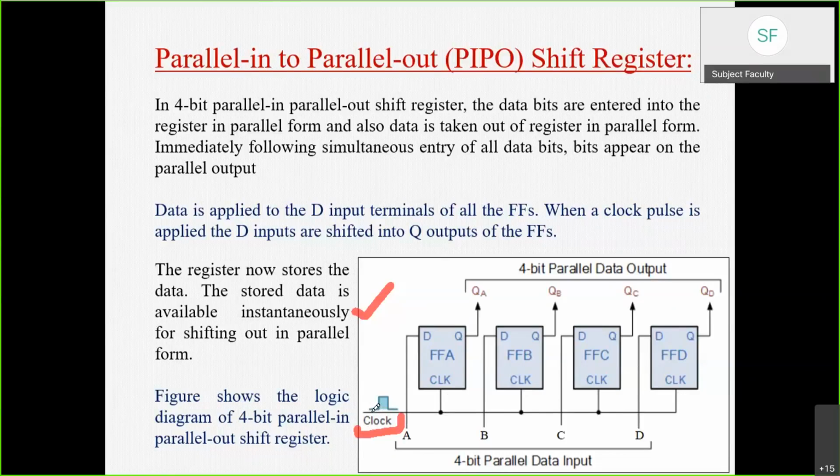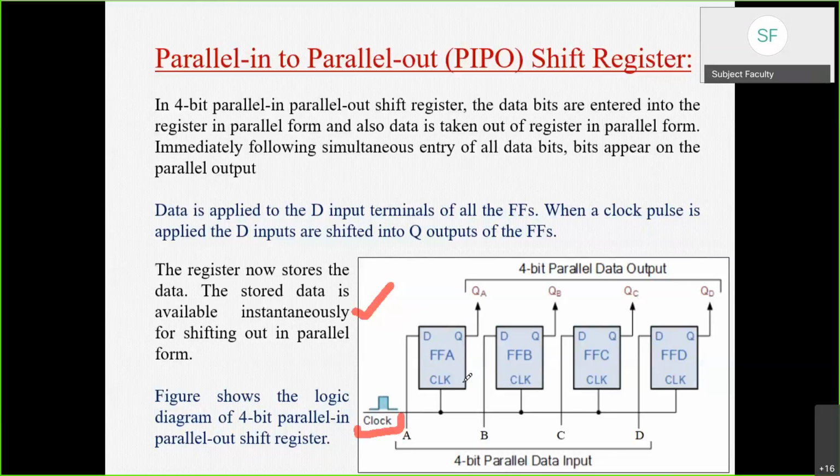So basically, you are applying this clock simultaneously to all the flip-flops, which makes your circuit a synchronous circuit. What is the difference between asynchronous and synchronous circuit? If you are giving clock signals simultaneously to all the flip-flops, then that particular circuit will be a synchronous circuit.